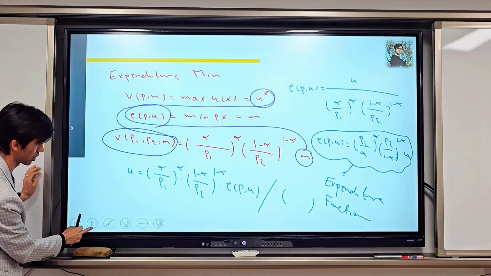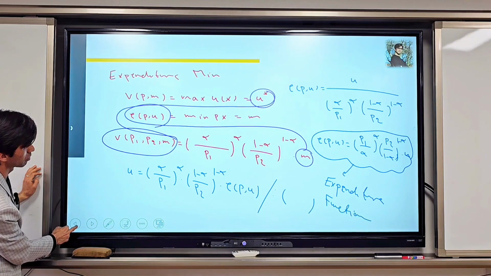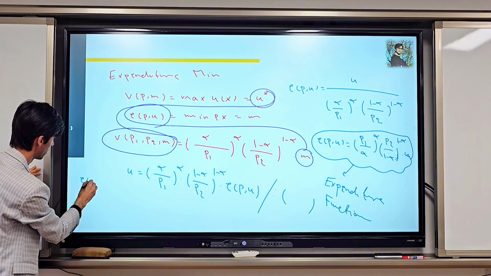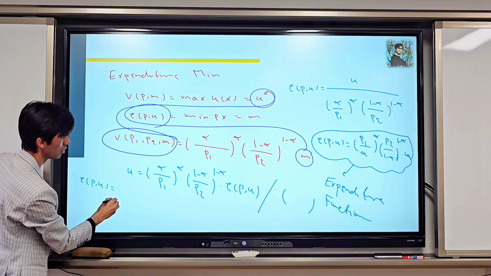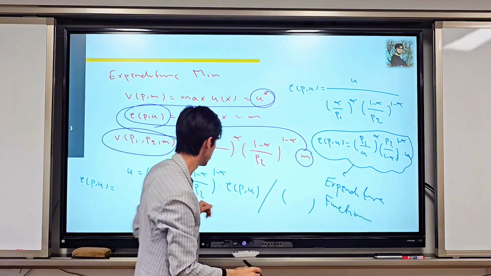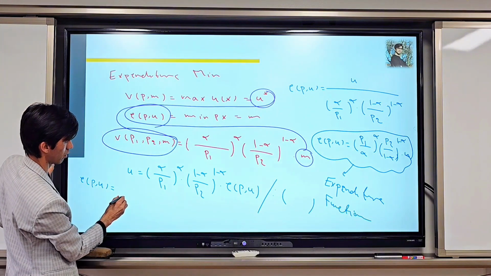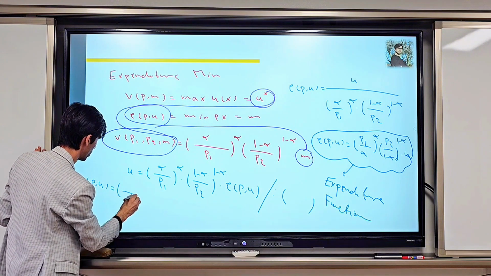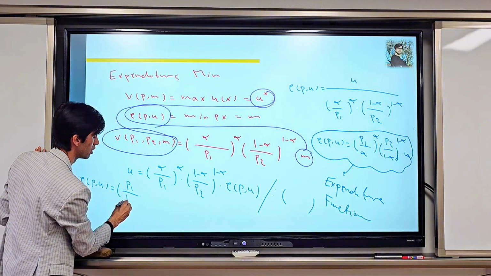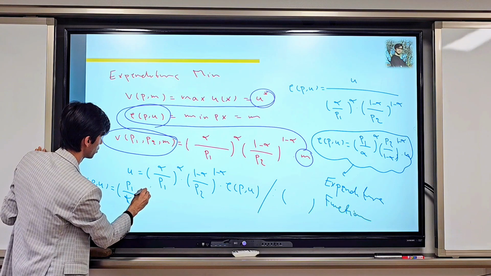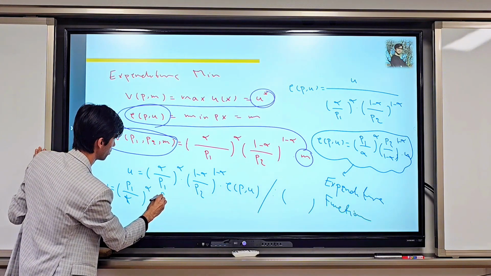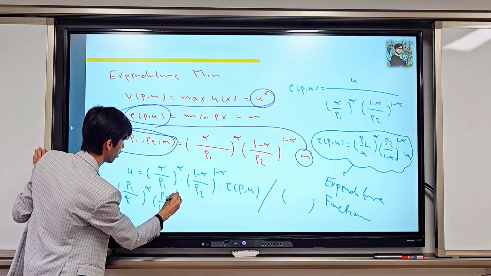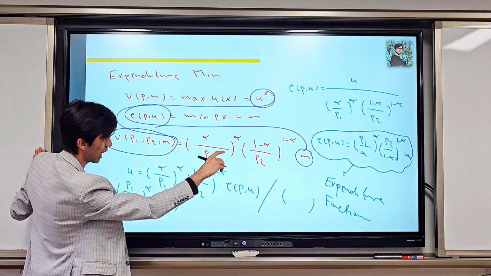Let's do it. For example, where was our expenditure function? That one. We have E(P,U) equal to this one, which is equal to (P1 over alpha) to the power of alpha, times (P2 over 1 minus alpha) to the power of 1 minus alpha, and we have U there.